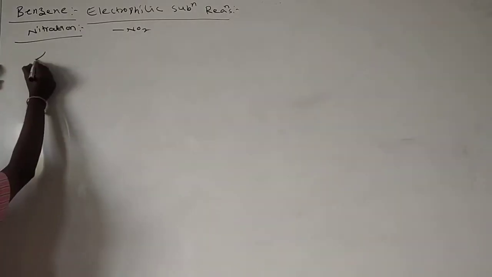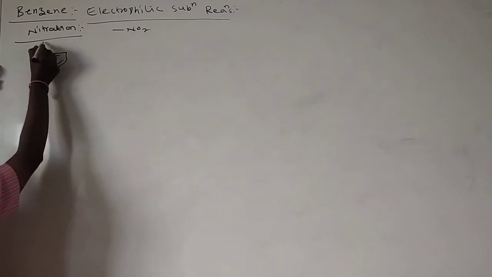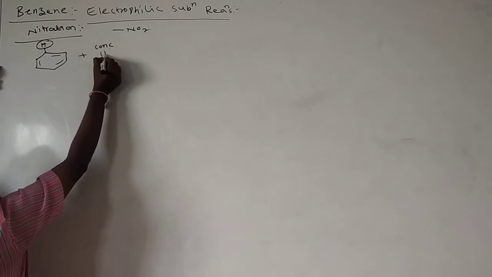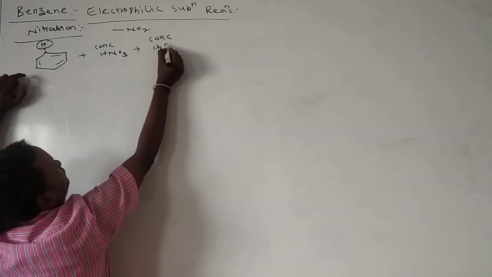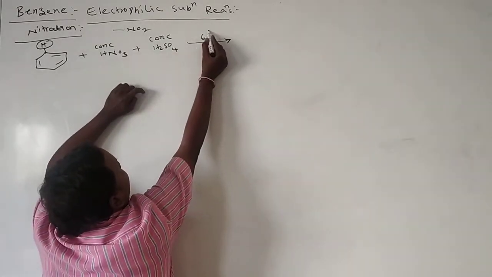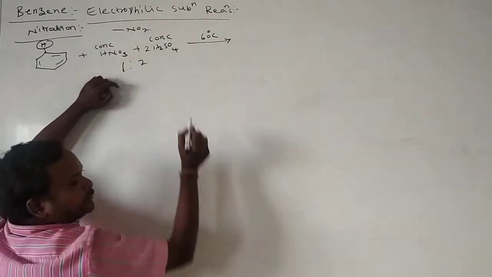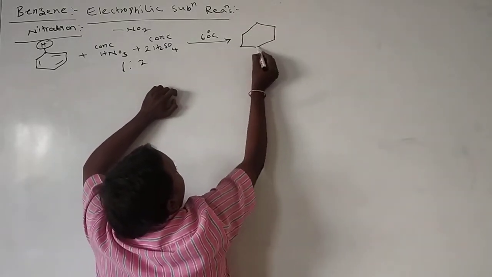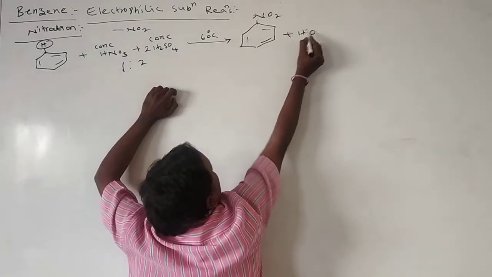Here I am taking the reaction. First, benzene. This is benzene, here hydrogen. It reacts with concentrated nitric acid plus concentrated sulfuric acid at 60 degrees centigrade temperature, in 1:2 ratio, and forms nitrobenzene plus water.